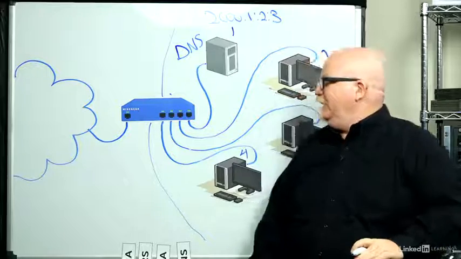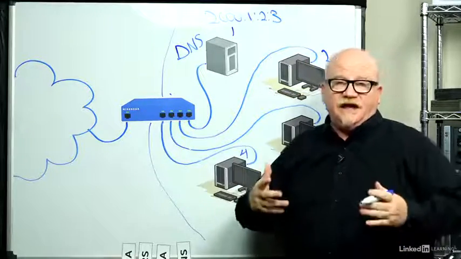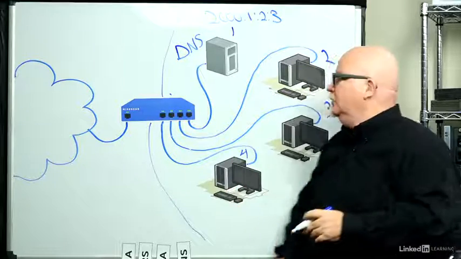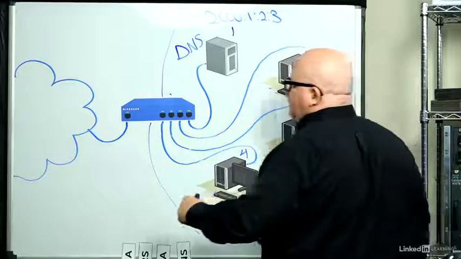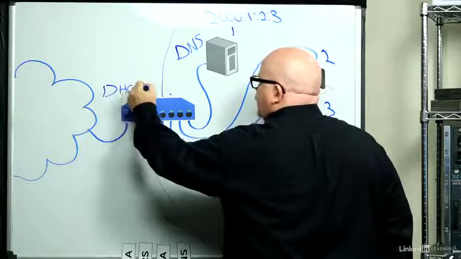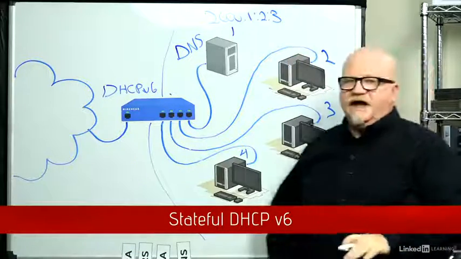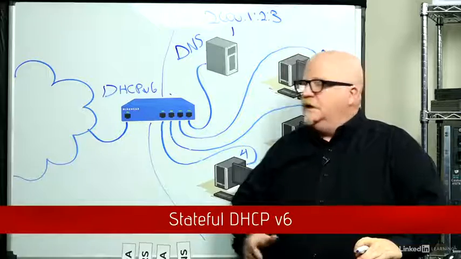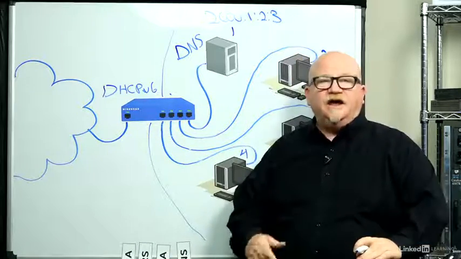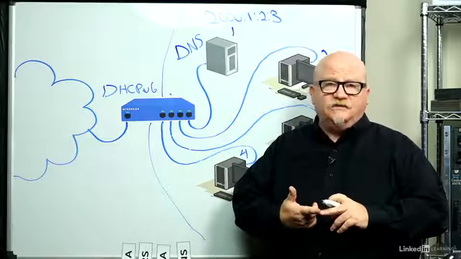In this particular case, what we'll probably have is built in to this guy, or we could have a dedicated DHCP box that's not running the DHCP you and I know and love. It's running DHCP version 6. In this particular case, if you need to, you can run a DHCPv6, and it acts a lot like a regular DHCP server. You can use a pool of IPv6 addresses if you want to.